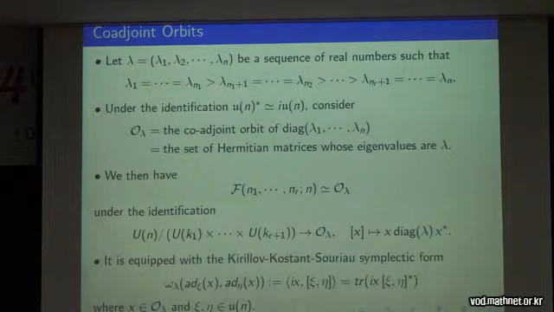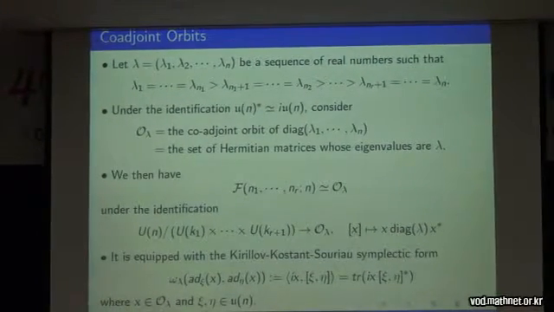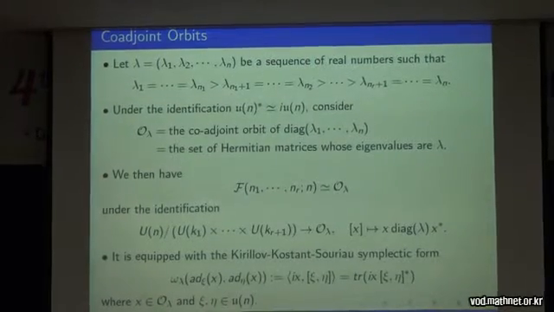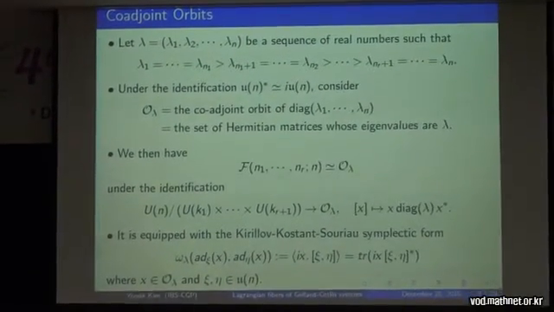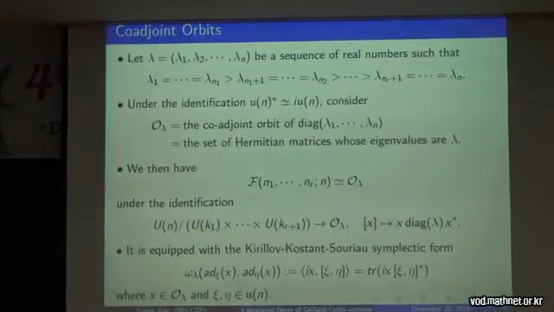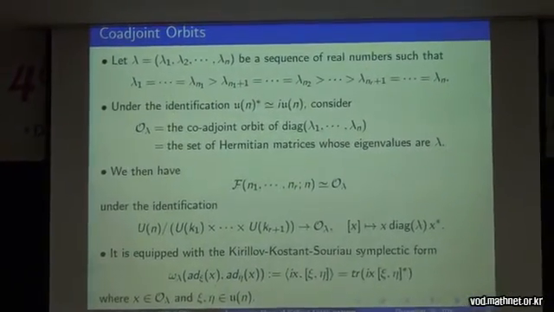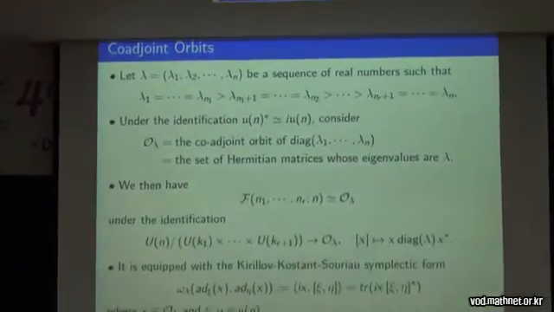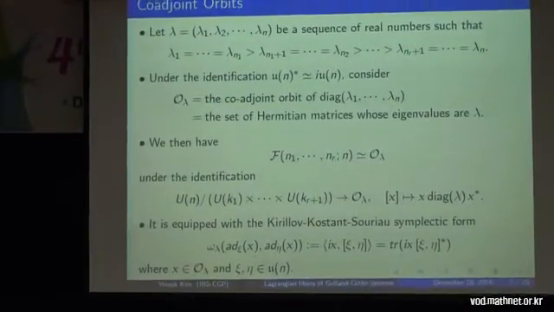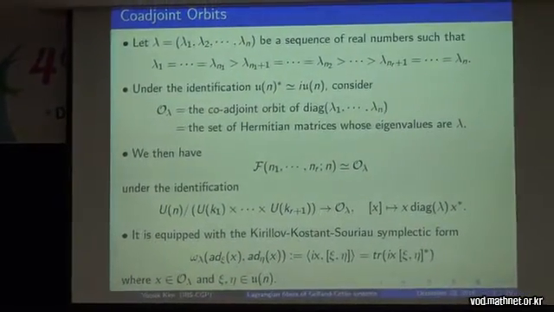Now here is another description of the partial flag manifold, which will be useful to us. So first, let lambda be a decreasing sequence of real numbers. Then let's identify the Lie algebra of U(n) with the Hermitian matrices, and we consider the coadjoint orbit of the diagonal matrix with entries lambda 1 through lambda n.